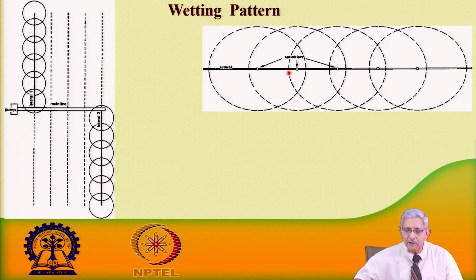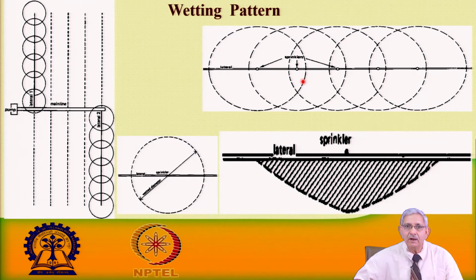So, the water which will be received at this part of the circle will be the water distributed by this sprinkler, and also water distributed by the second sprinkler. And at this particular place, the water is being received by 3 sprinklers. Such type of overlap will occur.